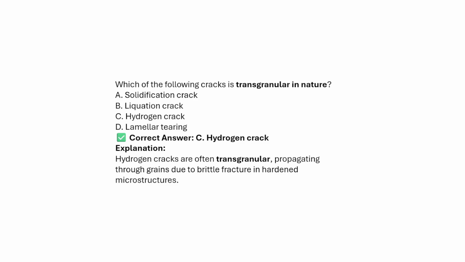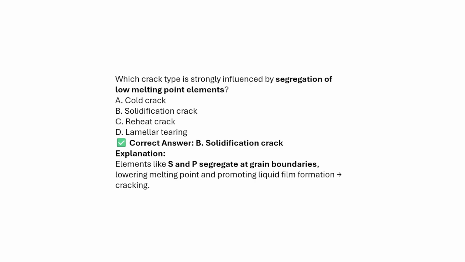Liquation cracking at the HAZ. Hydrogen cracking, yes, hydrogen is segregating at the intergranular region and forms the cracks. Laminar cracking happens in the base material because of the impurity. So answer will be C, hydrogen cracking. Hydrogen cracking is often transgranular, propagating through grains due to brittle fracture in hardened microstructures.